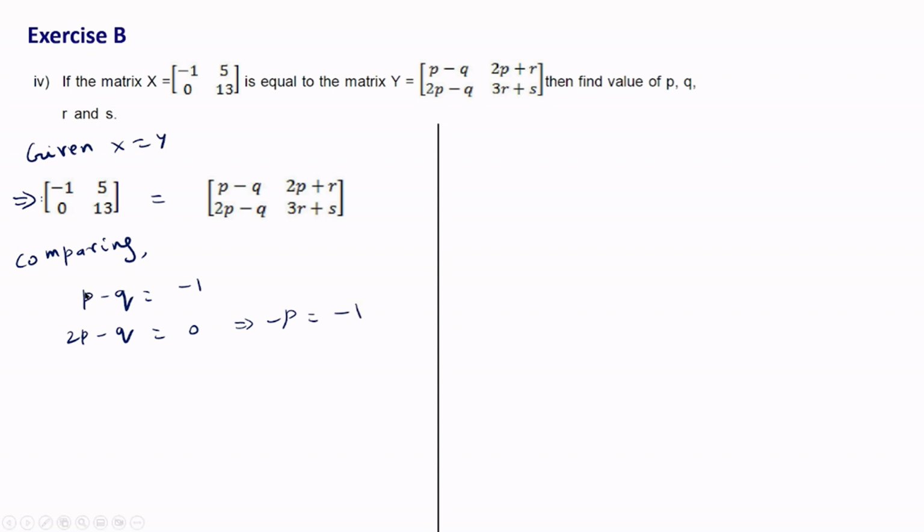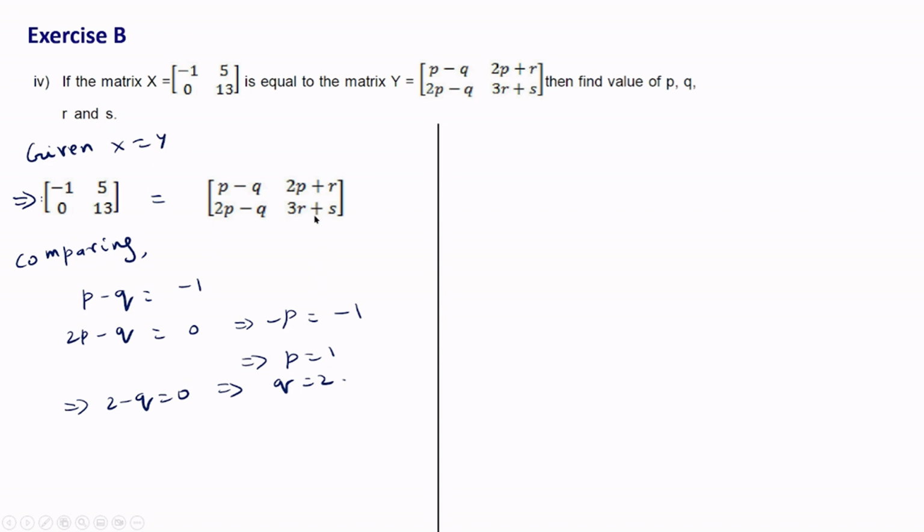Here P minus 2P will be minus P. Minus Q plus Q will go, it will become 0. Minus 1 minus 0 is minus 1. So we get P as 1. So if P is 1, we can substitute P as 1 here. So this implies 2 minus Q equal to 0 or Q equal to 2.